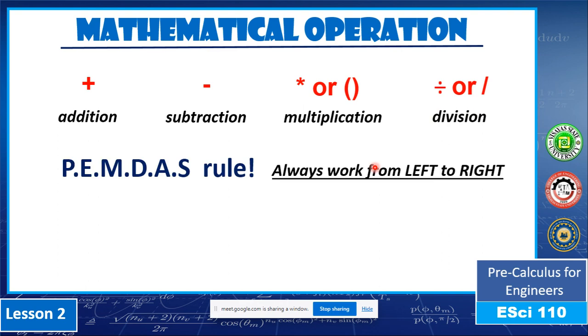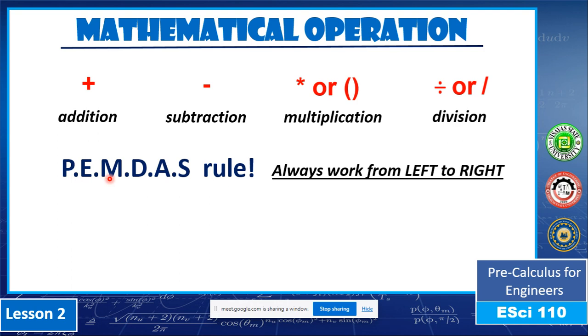Then, don't forget, in mathematical operation, please apply heartily the PEMDAS rule. So you need to consider first the parentheses and the exponent. So this one, whoever comes first will be the first. So kapag nauna yung parentheses, i-simplify mo muna yung parentheses. Kapag nauna yung exponent, i-simplify mo muna yung exponent.